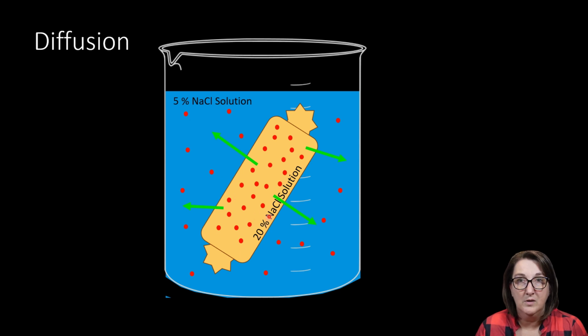So what direction would the salt, the solute, want to go? The salt is going to want to go outside of the bag because I have more salt in here than I do outside. And this is diffusion. So with diffusion, we're talking about solutes moving back and forth, not water. We'll talk about that here in a minute. So a dialysis bag is going to allow solutes to go back and forth.